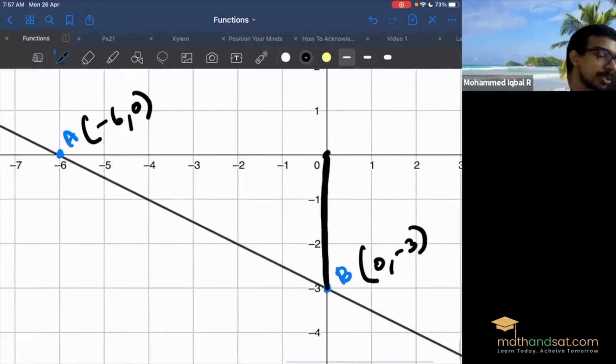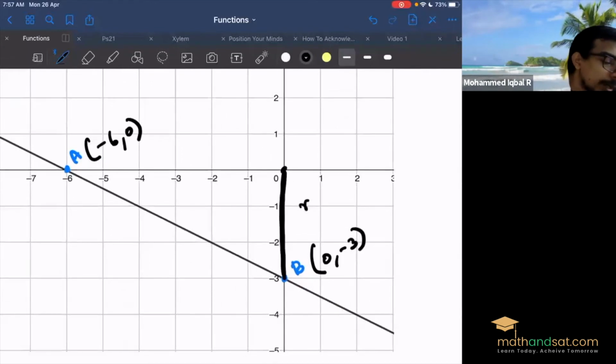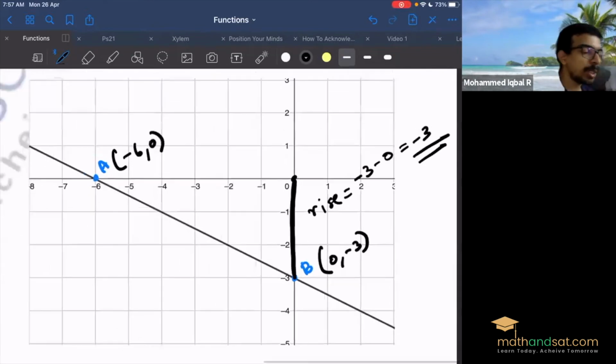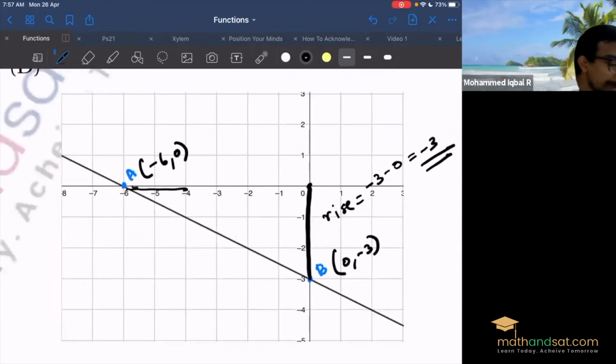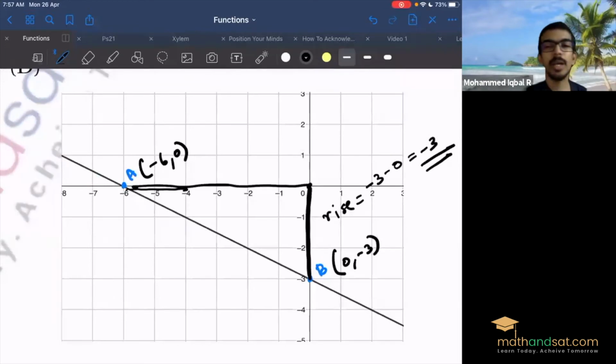So this is your rise. It's minus 3 minus 0, which is minus 3. And what about run? When you're going from A to B, what is the horizontal change? You are traveling from a point where the x coordinate is minus 6 to a point where your x coordinate is 0.